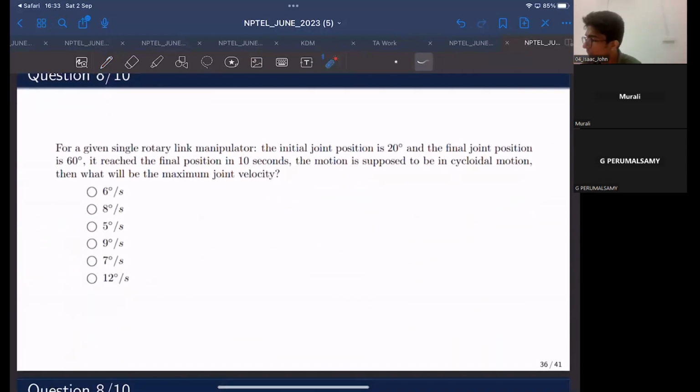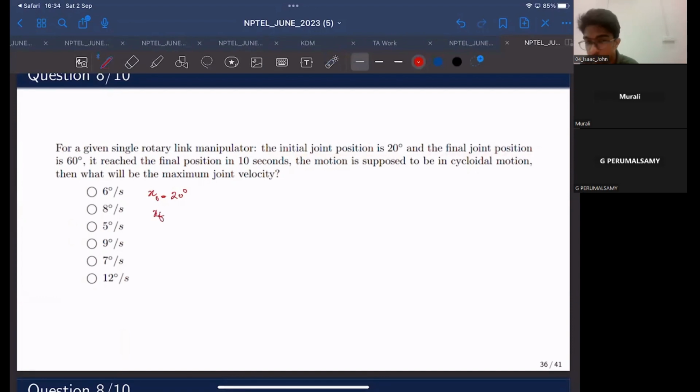This is also a trajectory question. So it says for a single rotary link manipulator, the initial position is 20 degrees. So x0 is 20 degrees. And the final joint position is 60 degrees.